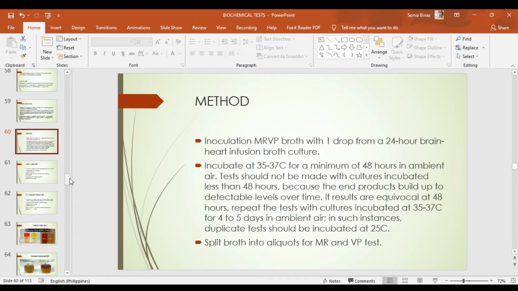Split broth into aliquots for MR and VP. But the MR test should not be read before 48 hours because yung ibang organisms ay hindi magpo-produce ng enough na products, ano, from the fermentation of glucose.